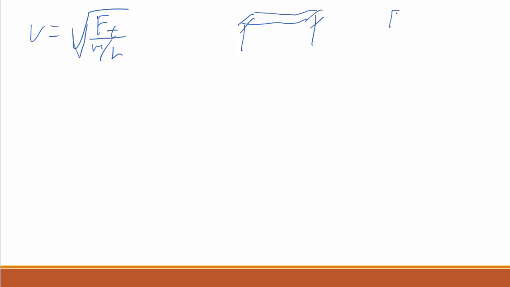Let's say that the tension for our cable has to be less than 1500 newtons, otherwise the cable will break down and break eventually. Okay, so let's say we know some information. Let's say that the telephone poles are 40 meters apart. We know that the mass per unit length of the cable that we're using is about 0.5 kilogram per meter.